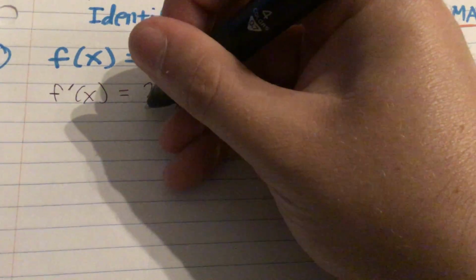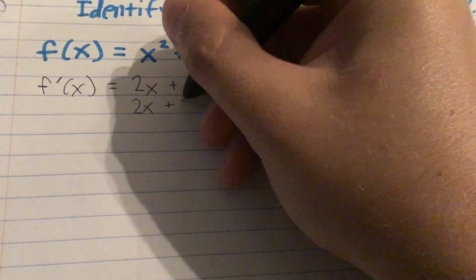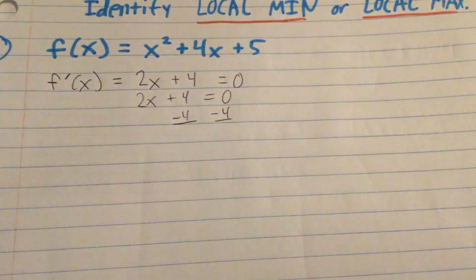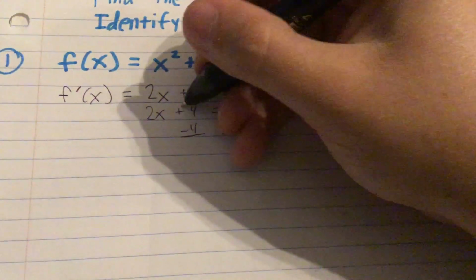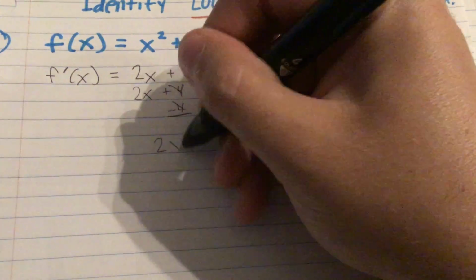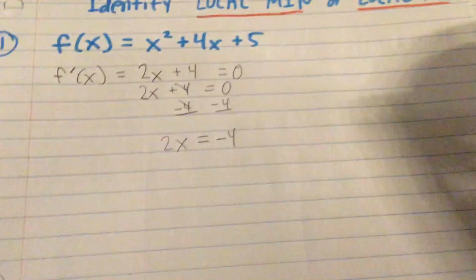So let's solve. 2x plus 4 is equal to 0 by subtracting 4 from both sides. Positive 4 minus 4 cancels out, and I'm left with 2x is equal to negative 4.